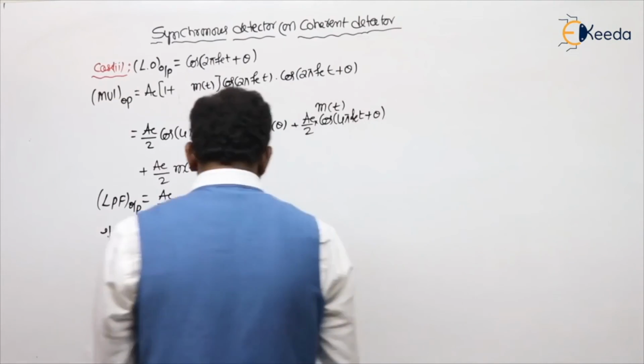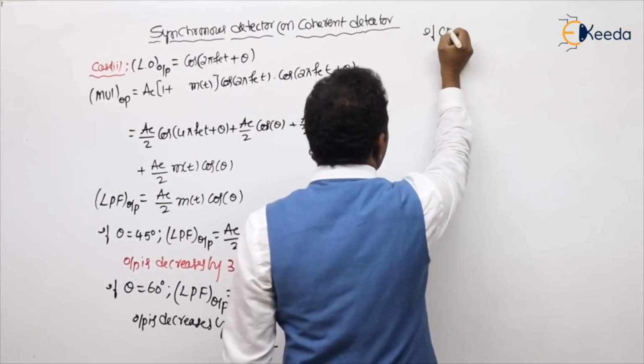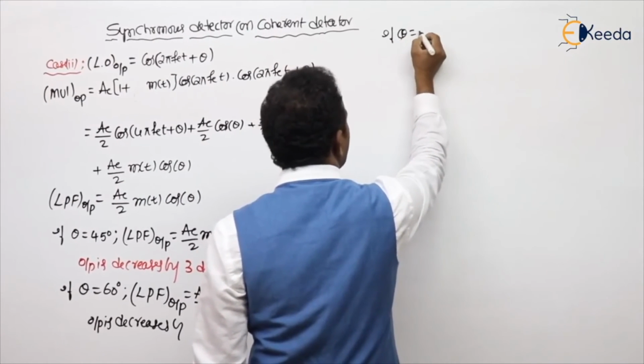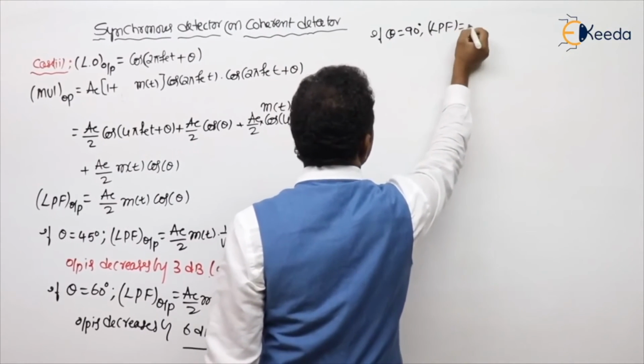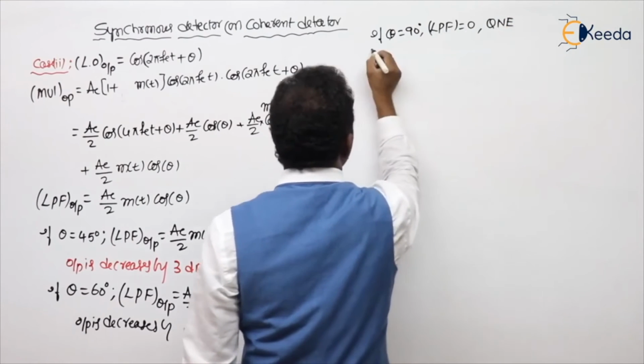Now for example, if the θ value is 90 degrees, then the low pass filter output is 0. This is called the quadrature null effect. What is that?